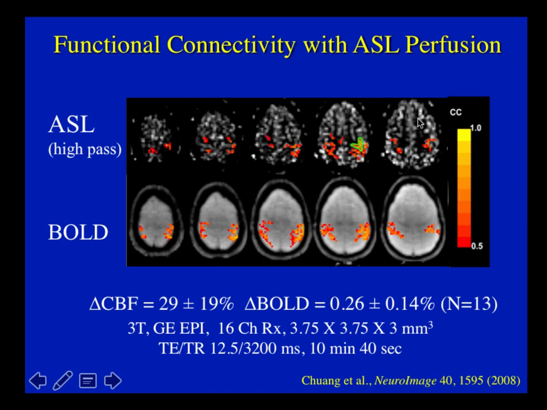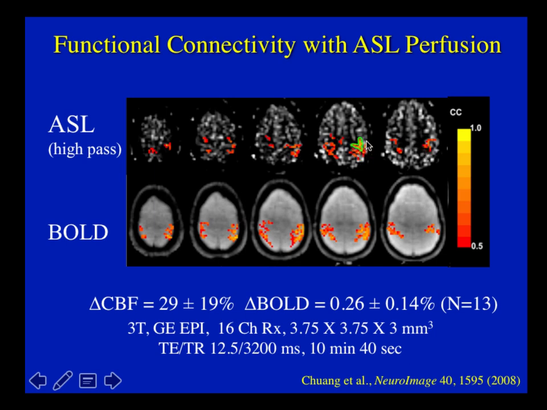And the same experiment can be used to detect functional connectivity. Here the functional connectivity is based on oscillations in blood flow, not the oscillations in the BOLD signal. On the top you see the functional connectivity maps from an ASL experiment. These are correlation maps from a single subject. That's why the SNR is quite low.